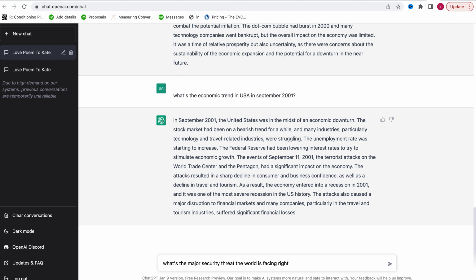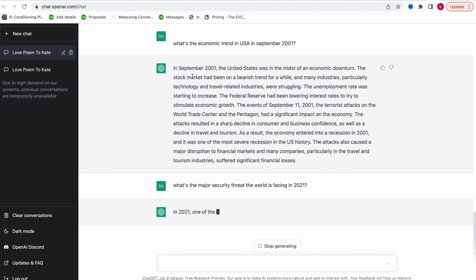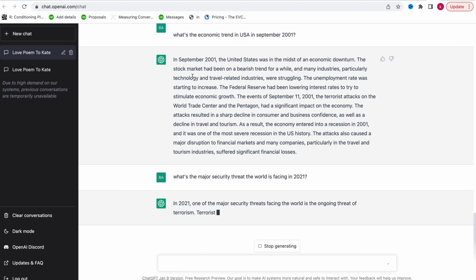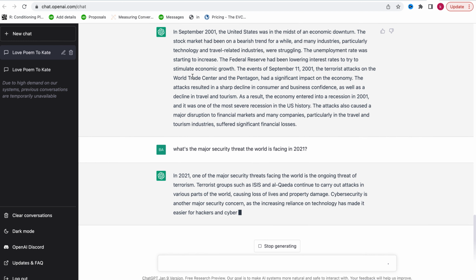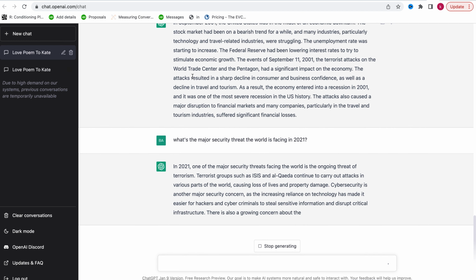So this is very vague. Let's say the world is facing in 2021. Since this is based on that, let's focus on 2021, something more specific. One of the major security threats facing the world is the ongoing threat of terrorism. Terrorist groups such as ISIS and Al-Qaeda continue to carry out attacks in various places.